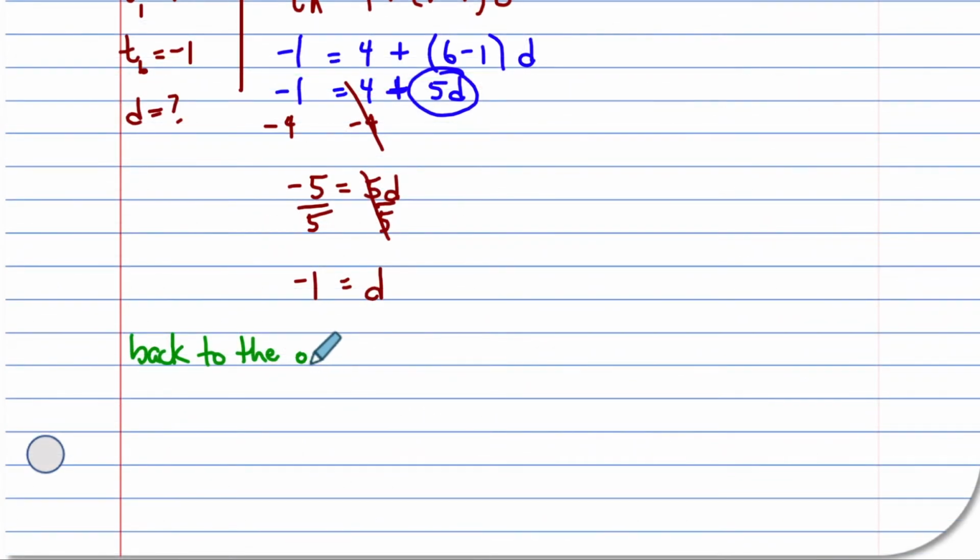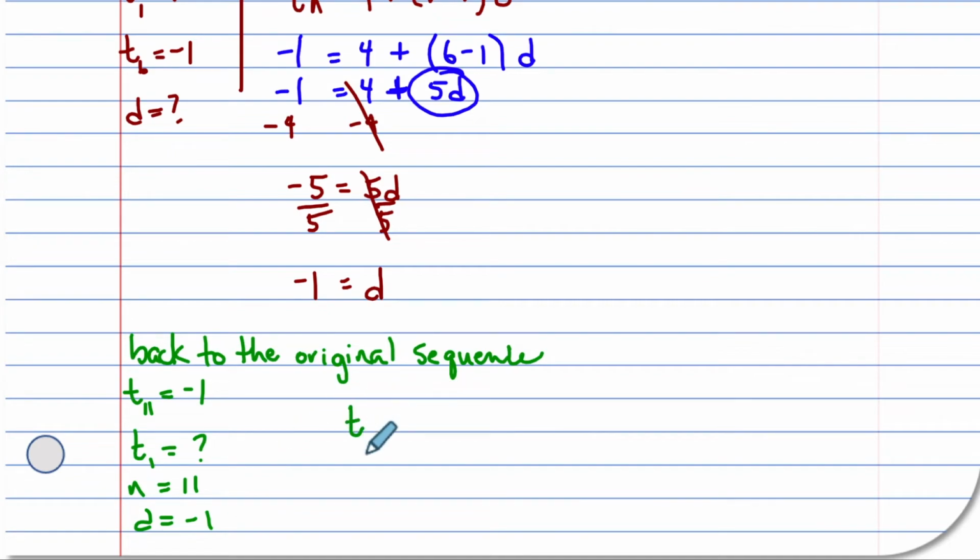Fabulous, because now I can go back and I can use that D value of -1 in the whole sequence. Back to the original sequence. What do I mean by that? Well, the 11th term they said was -1. The first term we're looking for. The n value is 11, and yippee, the D value is -1.